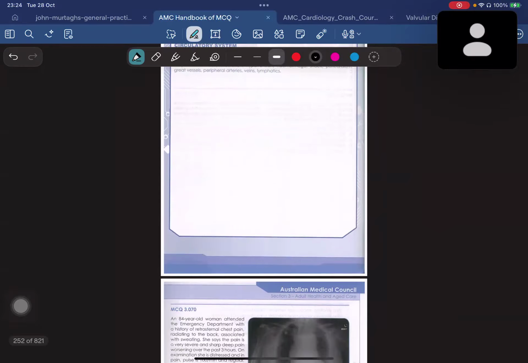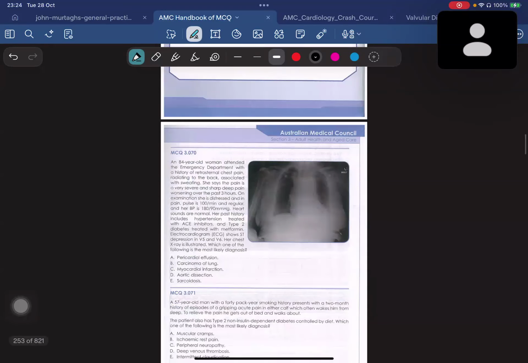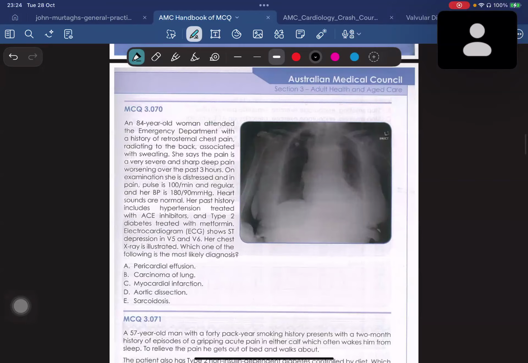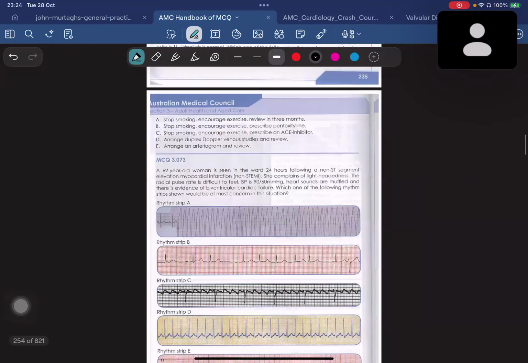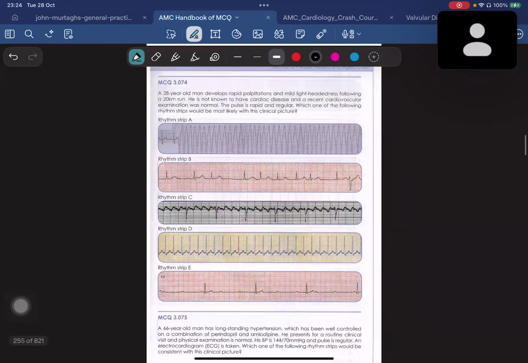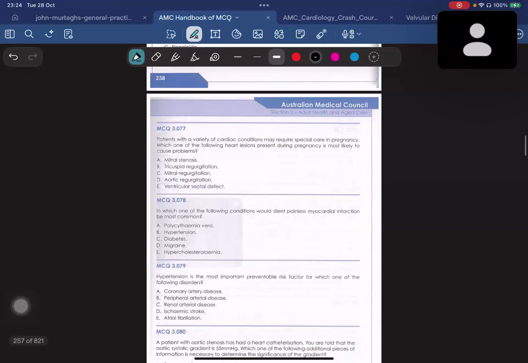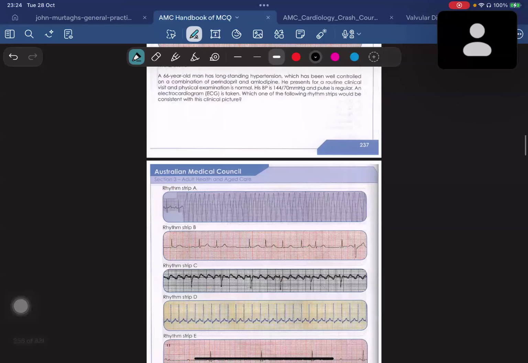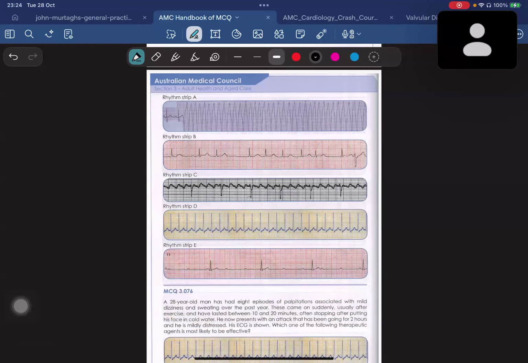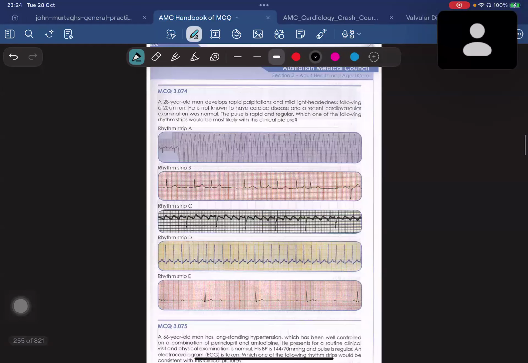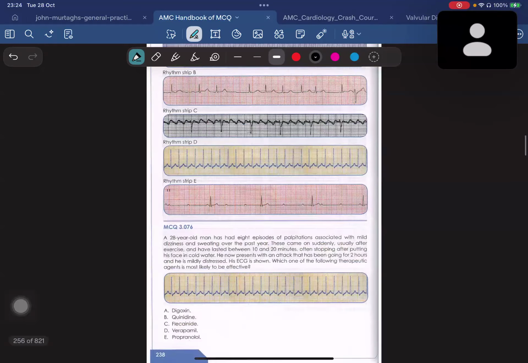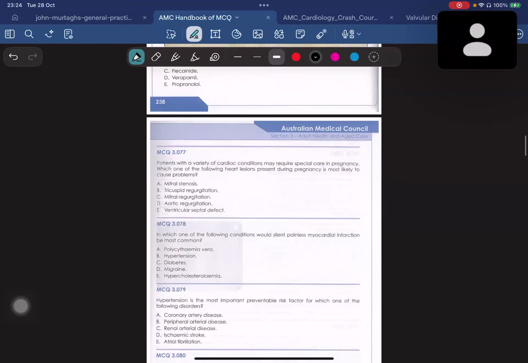You read that and search again related to that topic, and you learn something more that way. So these are the handbook cardiology questions. Try to do them. As you can see, for ECGs I feel like they're pretty much using the same set of pictures. That's just what I think.